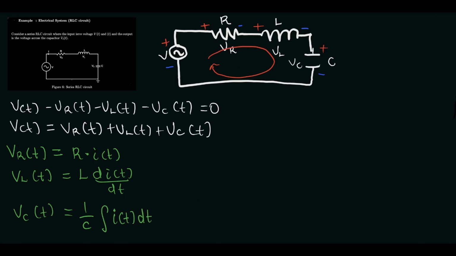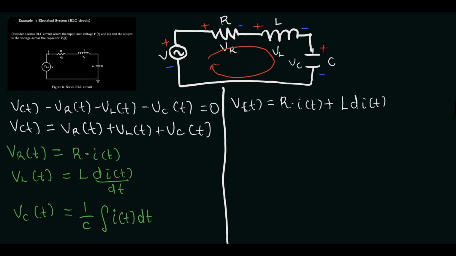So putting this into the equation, you have v(t) equals R times current plus inductor multiplied by the differential of the current plus 1 over C integral of your current dt.